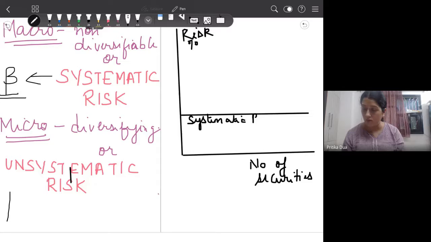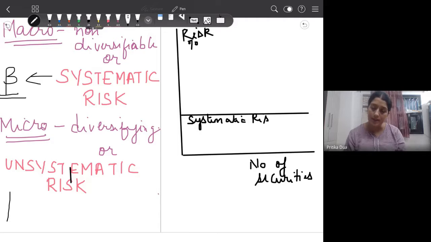So in spite of increasing the number of securities, in spite of diversification, the systematic risk remains the same, as can be seen from this straight line parallel to the x-axis.